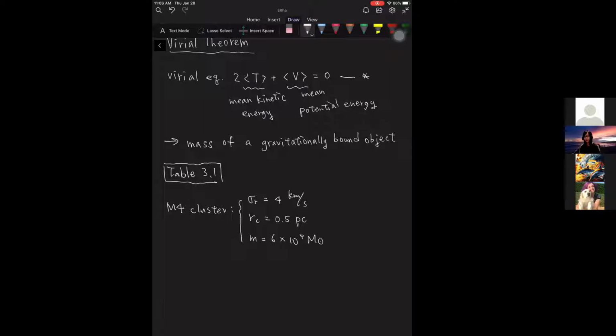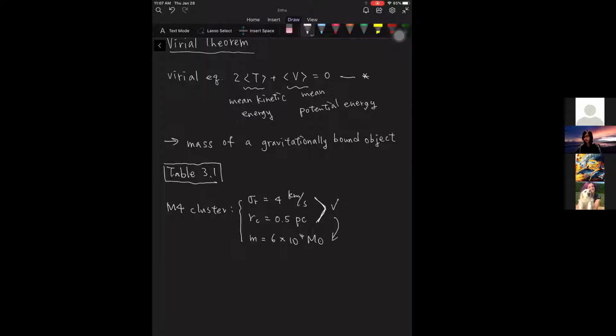Okay, so for the virial equation, if we exclude the external force, then the only terms we care about are the kinetic energy and the potential energy. And those are related to the velocity dispersion and the size, the radius, right? So the only terms we need will be these two, and then we can derive the virial mass of this cluster.